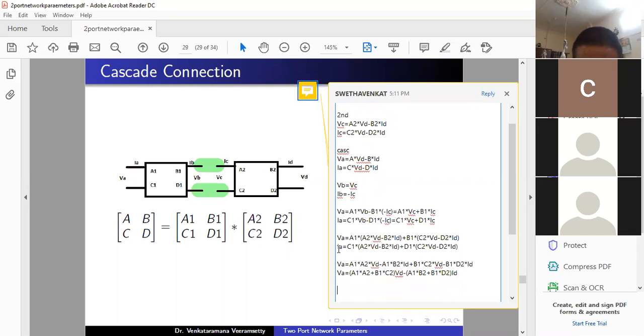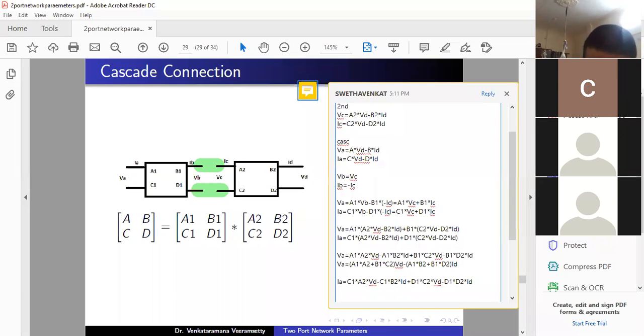Now similarly from the second equation, IA equal to, multiplying C1 inside, we have C1 multiplied by A2 multiplied by VD minus C1 multiplied by B2 multiplied by ID plus D1 C2 VD, and minus D1 D2 ID, right?